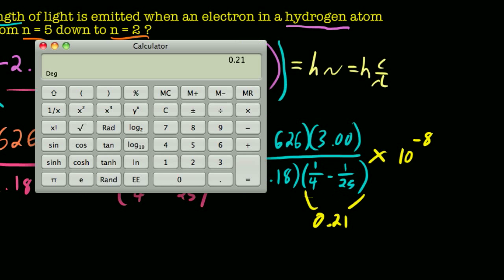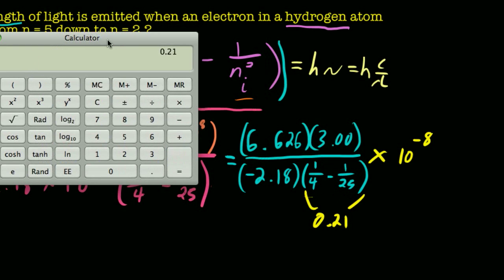So now we've got everything exactly like we would need it to throw it all into the calculator. So we start off with 6.626 times 3 divided by 2.18 divided by 0.21. And remember, this is going to be negative, right?